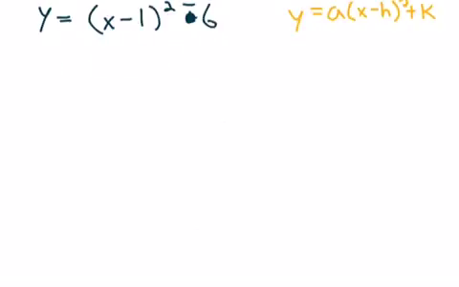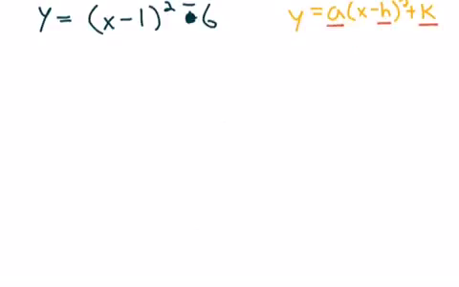Now, just take a moment and compare this expression to our general vertex form, and see if you can identify A, see if you can identify H, and see if you can identify K in our expression. So hopefully by comparing these, you were able to identify each of these variables.